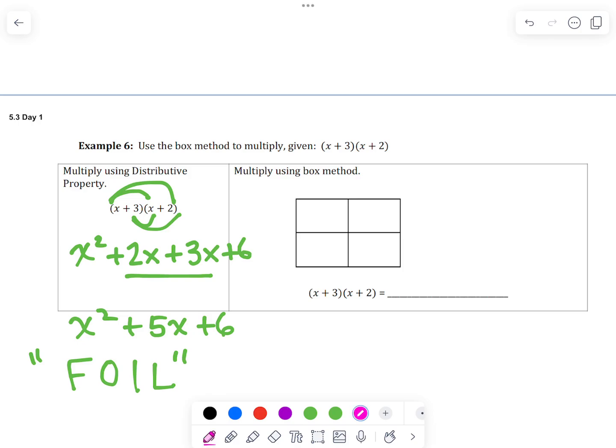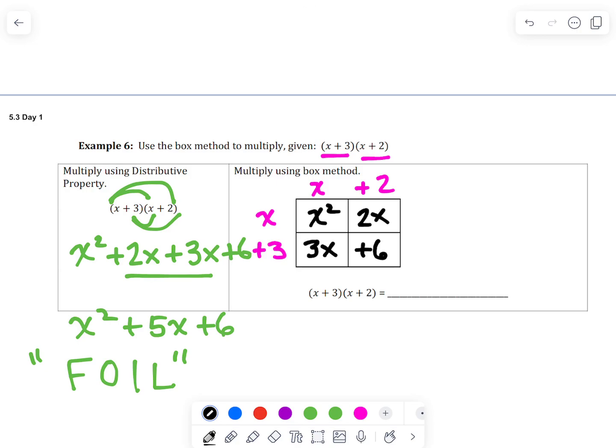Now let's organize it using our box. So what we do is we take the outside terms, x plus 3, and then x plus 2, and we multiply. So x times x is x squared. x times 2 is 2x. 3 times x is 3x. 3 times 2 is positive 6.